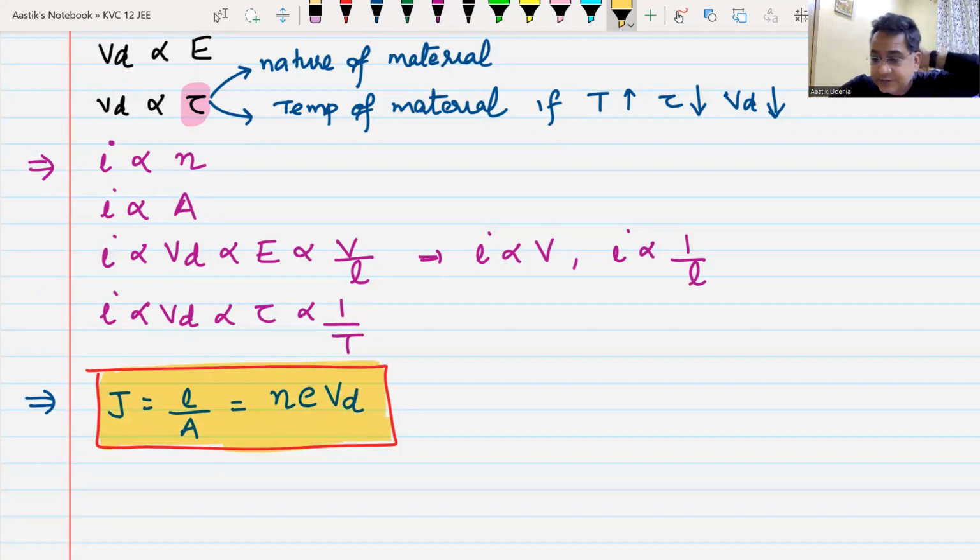I've given you time till tomorrow to go through all of these terms because these terms are slightly new, and we will do some questions where we would be able to find out the relation between all these quantities and see how current varies, and what the relation between drift velocity is if something is constant.